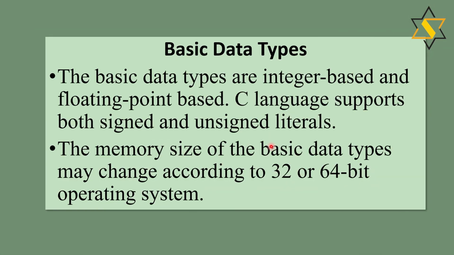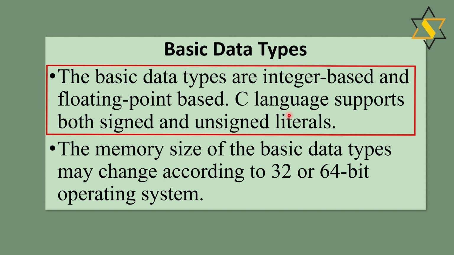Whatever data type we are using, it may be int, float, double or character, that data type has some memory size. If you are using any variable, that variable is stored somewhere in a memory location. So how much memory is allocated for that particular variable?